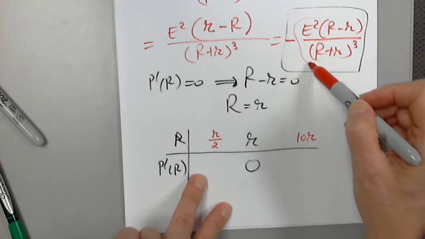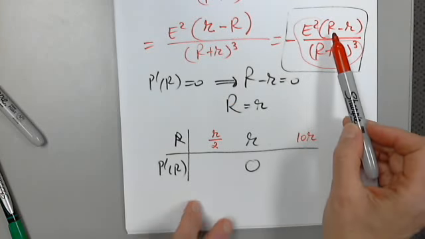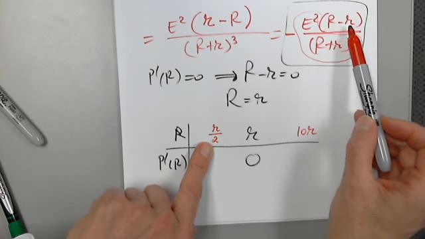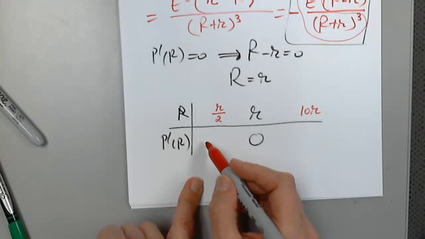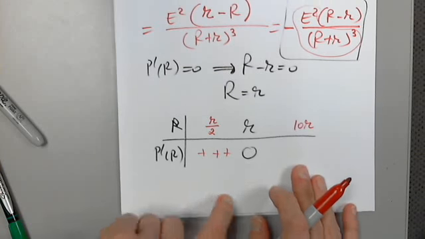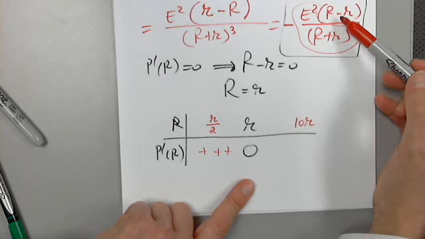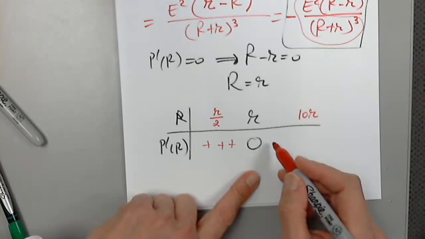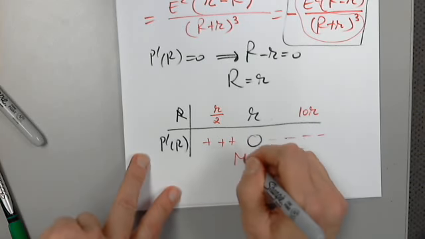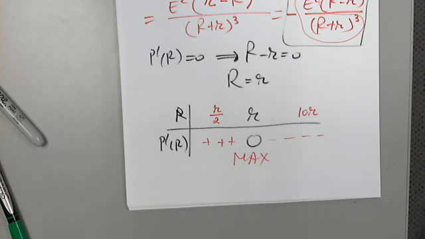I don't even care about these. So 0.5r minus r with minus in front, sign. That's it. And now I'm going to replace R by 10r. 10r minus r with minus in front. This is typical for a maximum, and I have no reason to doubt that when uppercase R is lowercase r, the power will be maximum.